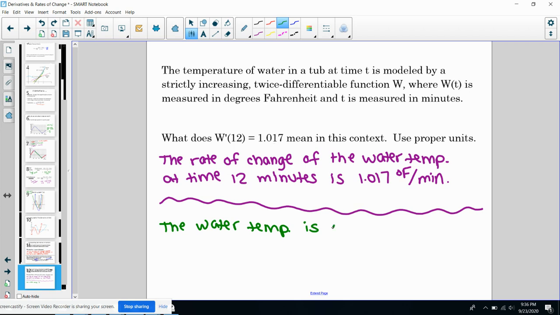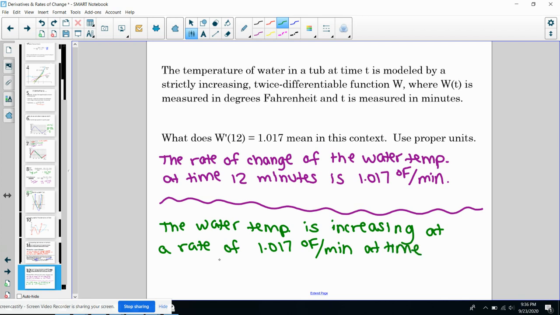So the water temp is increasing at a rate of 1.017 degrees Fahrenheit per minute at time t equals 12 minutes.